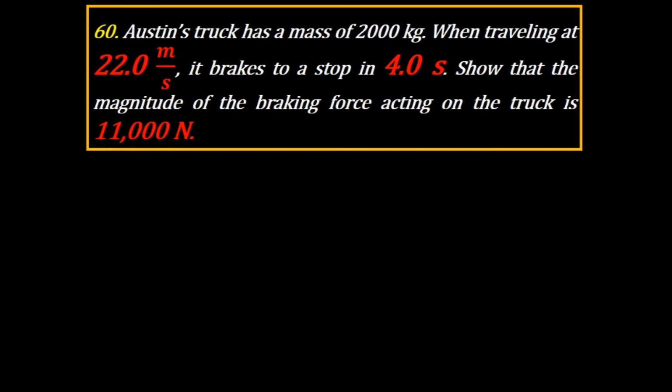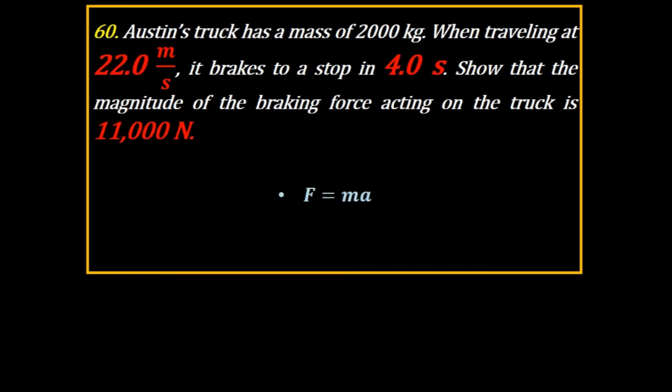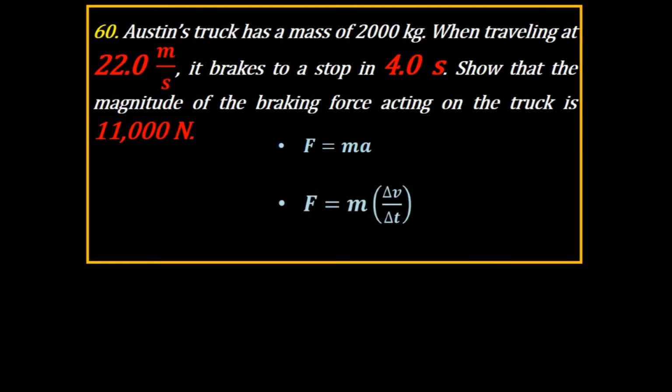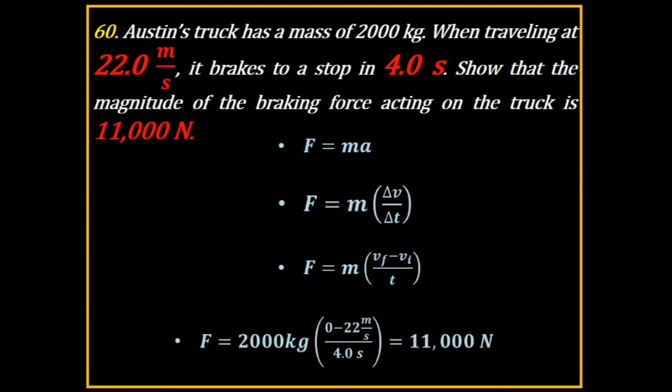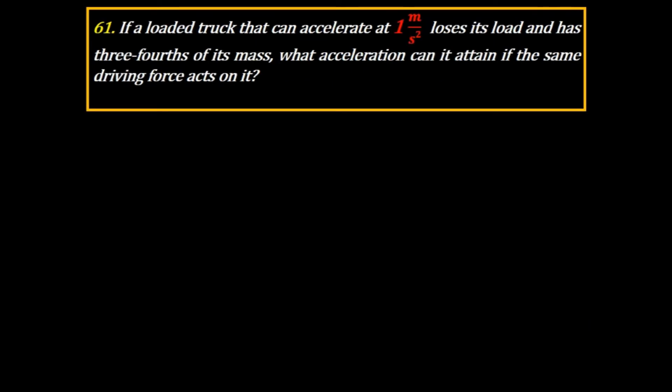So 5.5 times 2,000 is going to be 11,000. So let's check it out. F equals ma, change in velocity over time, and that's going to be 11,000. That's absolutely correct.